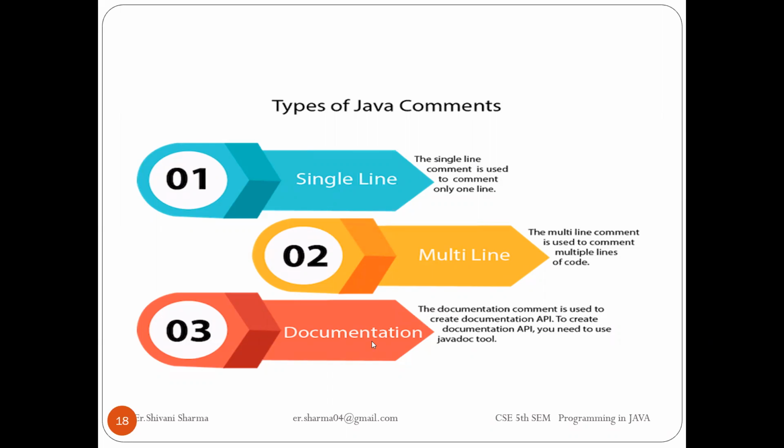And documentation comments are basically used whenever you want to create any documentation API. When you are working with any API, then only we use these types of comments. For these comments, we have to use the tool called the Javadoc tool. Remember, whenever you are creating the documentation API, you have to use the Javadoc tool.